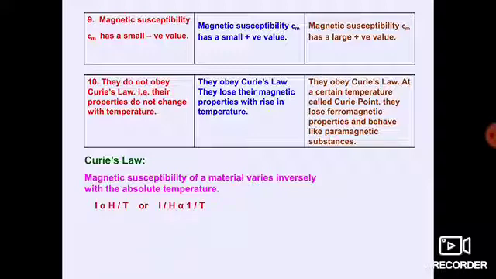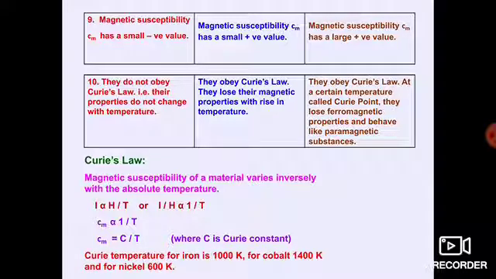I is directly proportional to H and inversely proportional to T, or I is directly proportional to H times 1 by T. Like this we can say I by H is proportional to 1 by T. So I by H, which is Cm, is directly proportional to 1 by T, and this Cm is equal to C by T, where C is the Curie constant. Curie temperature for iron is 1000 Kelvin, for cobalt 1400 Kelvin, for nickel 600 Kelvin.